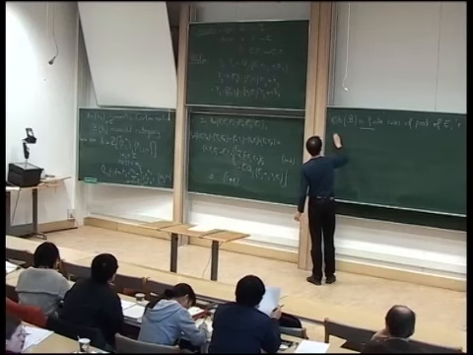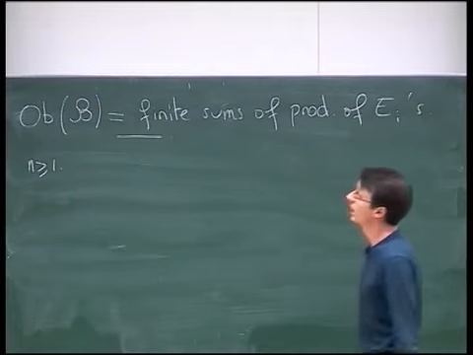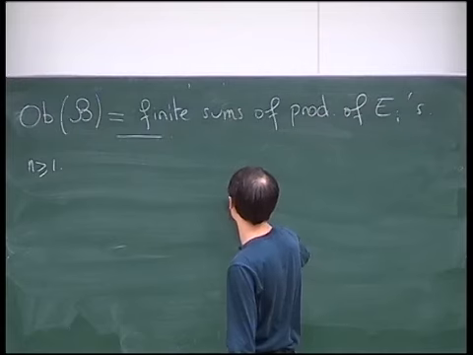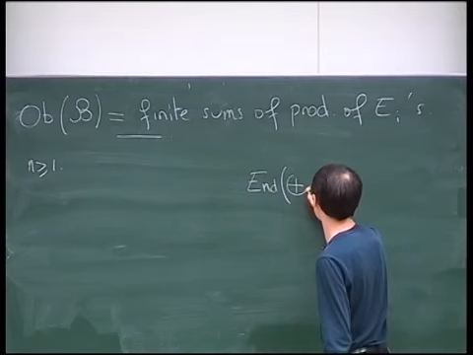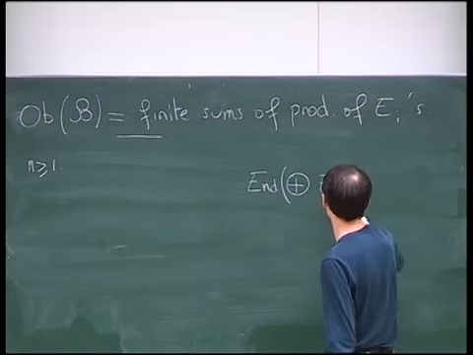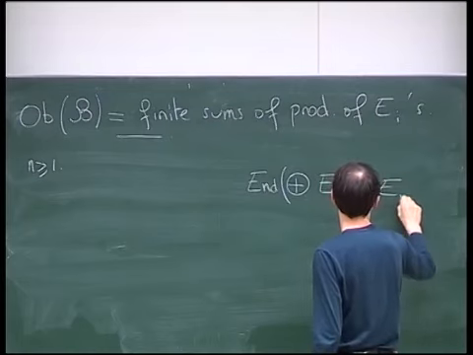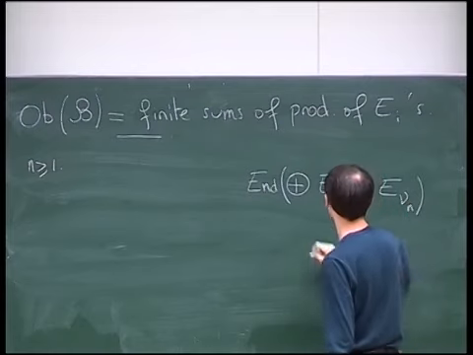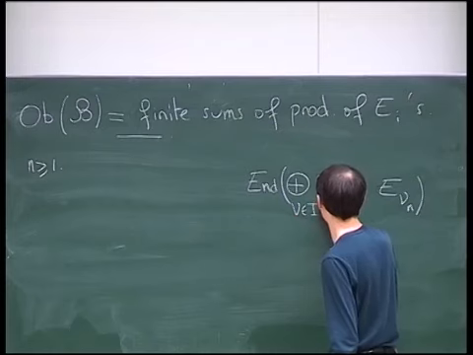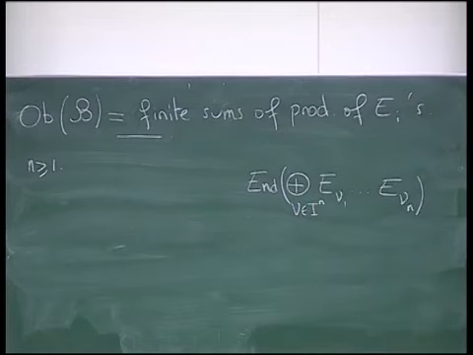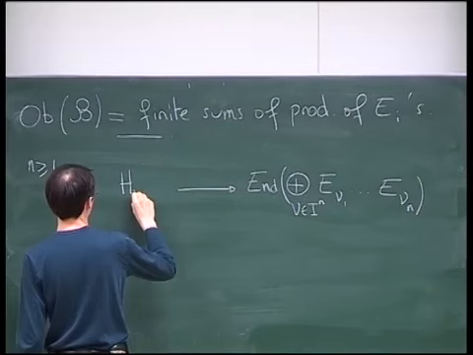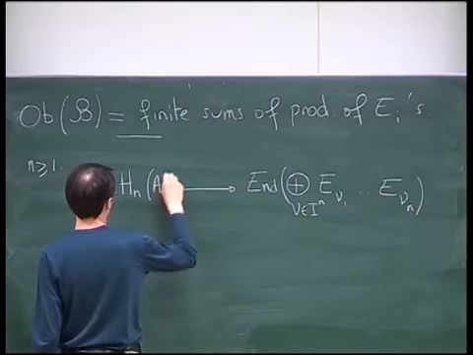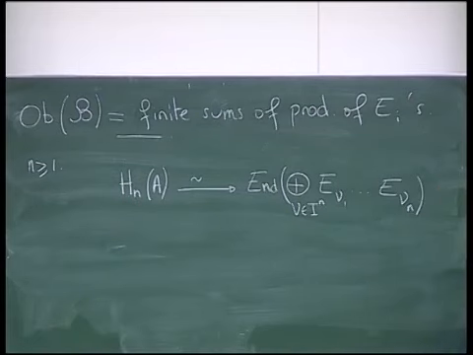If you take n an integer, you can look at the endomorphism ring of the sum of all products e_nu_1 through e_nu_n, where nu is in I^n. That's a big algebra. My claim is that there is an isomorphism with the algebra H_n associated to this A, the algebra from yesterday.